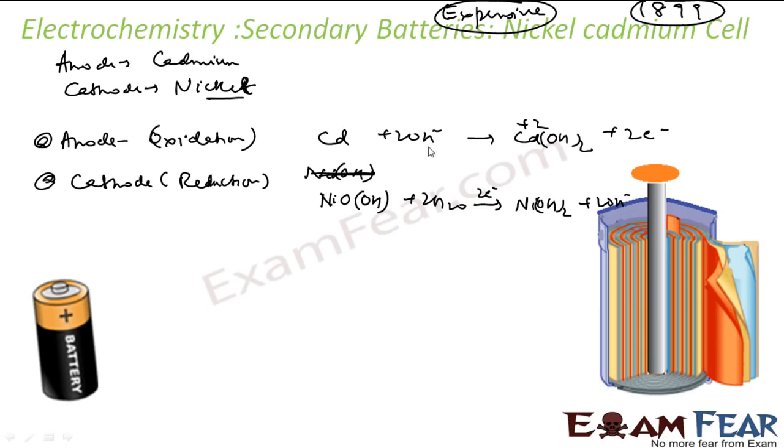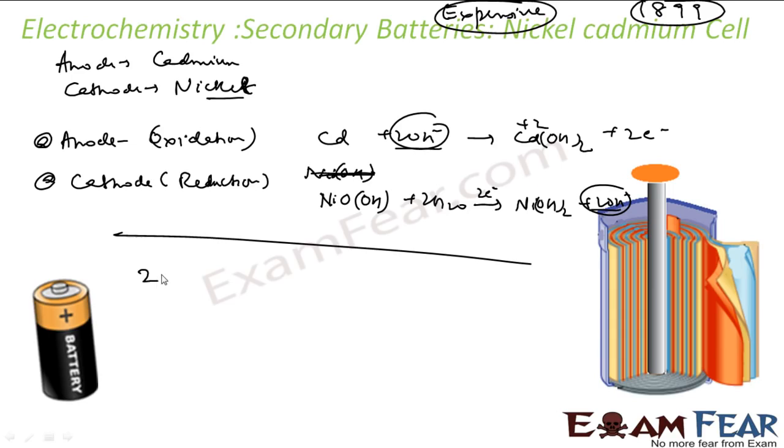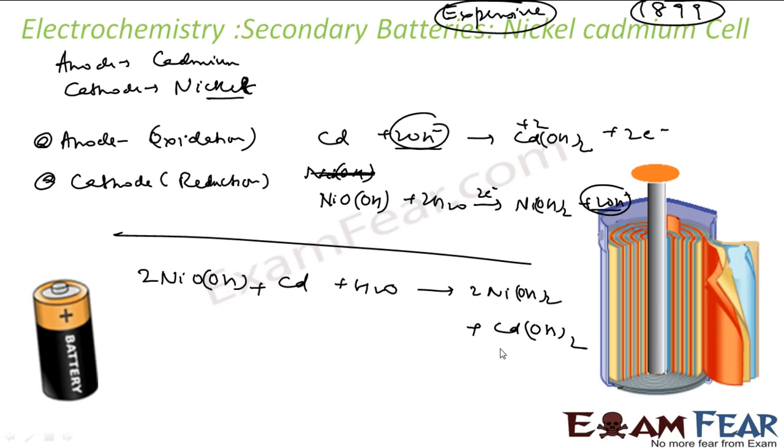You see, this is used here. If you want to write the overall reaction, that will be 2NiOOH plus cadmium plus some water molecules. It will give you 2Ni(OH)2 plus Cd(OH)2. That is the reaction mechanism.